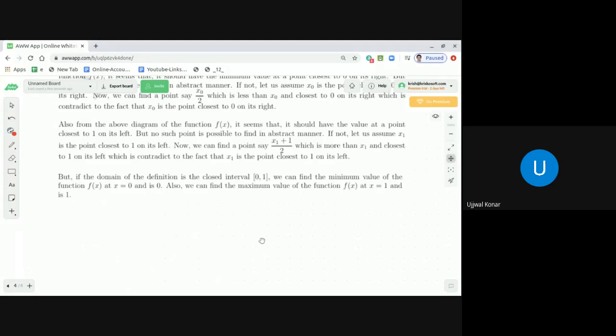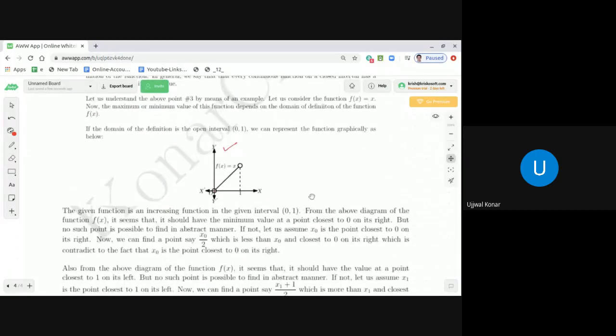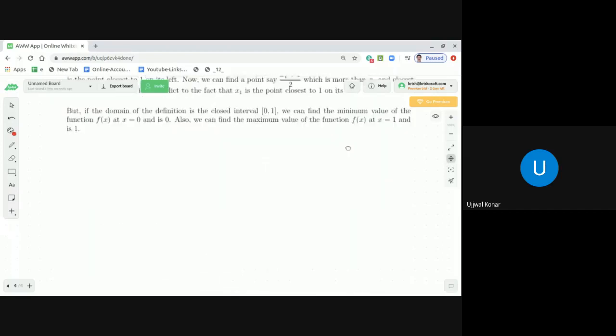But when the domain of definition is the open interval, as shown by this diagram, the extreme points 0 and 1 are actually unfilled circles. An unfilled circle symbolizes an open interval. There we see that you cannot say in an abstract manner what the maximum and minimum are. Correct, dear students? So I hope you understood this particular point very carefully.